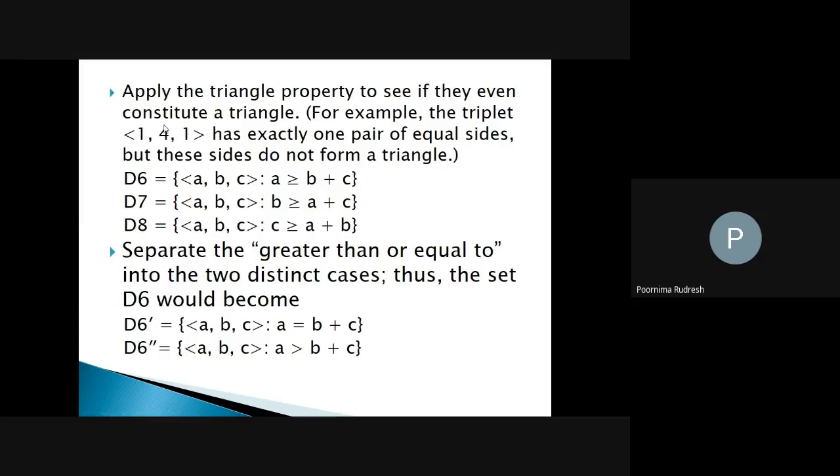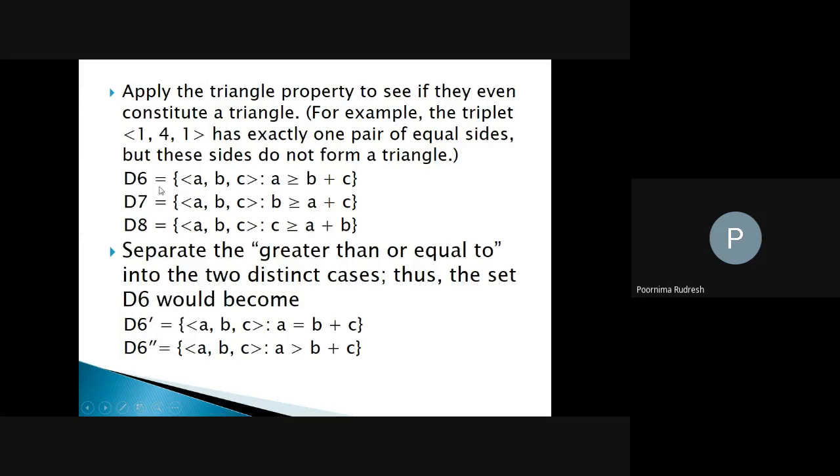According to the definition, this leads to an isosceles triangle. But even if we give it like this, the triangle cannot be constructed using the values 1, 4, 1, because if we consider B as the base and A and C are the sides of the triangle, then we cannot construct the triangle just by using the value 1 and 1 for A and C. And hence they will consider that it is not a triangle.